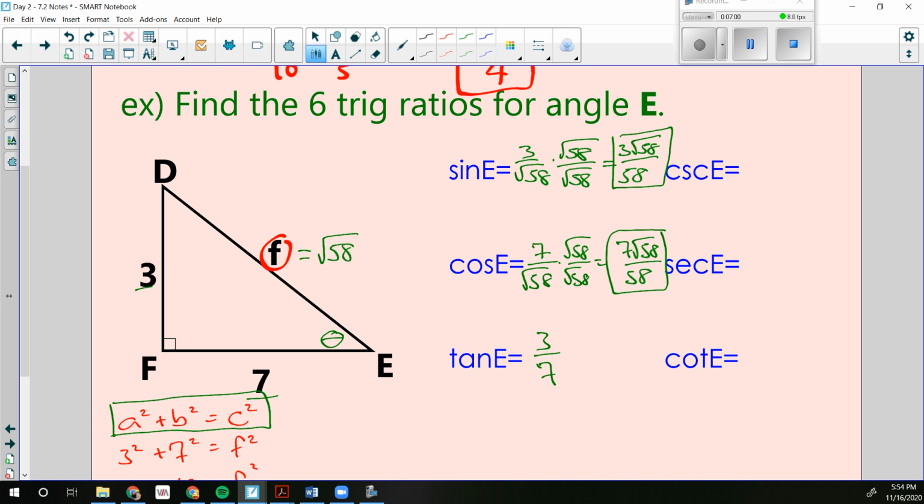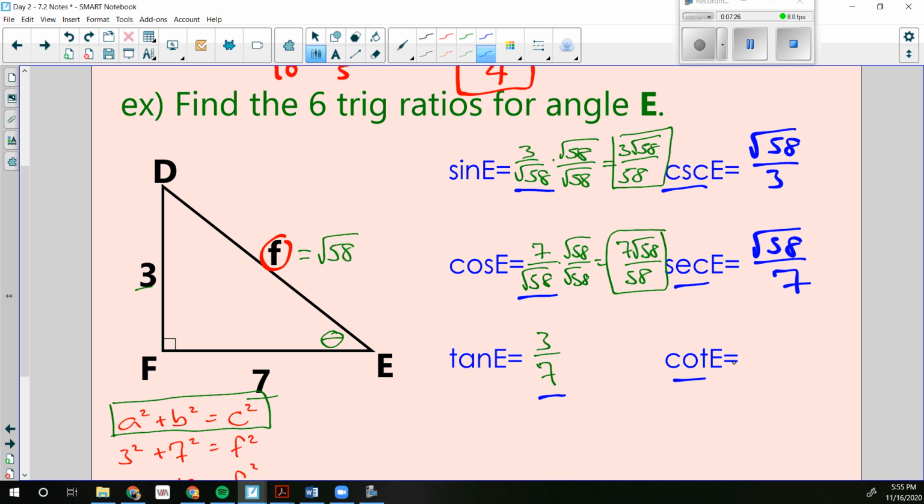All right, now I want to look at these first parts that I wrote: 3 over the square root of 58, 7 over the square root of 58, and then 3 over 7. Because when it comes to cosecant, secant, and cotangent, I can just flip those. If I flip the first one, it's going to be the square root of 58 over 3. The next one, we're going to have the square root of 58 over 7.